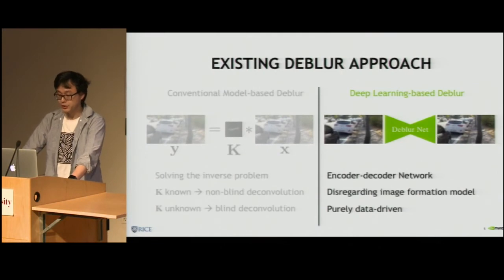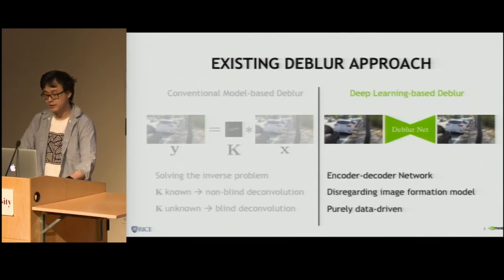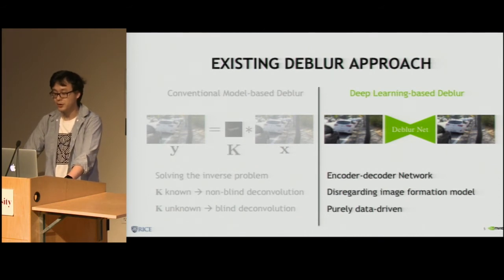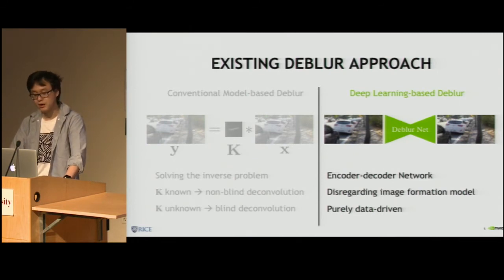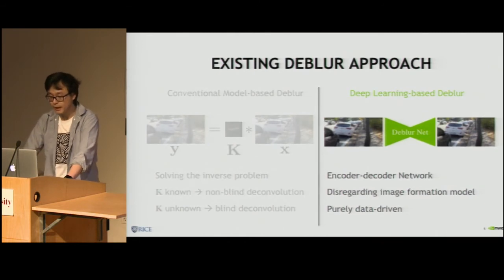The second approach is the recently emerged data-driven deep learning-based method. In this approach, the image formation model is largely ignored. One would just build an encoder-decoder network and feed the network thousands of blur-sharp image pairs for training.